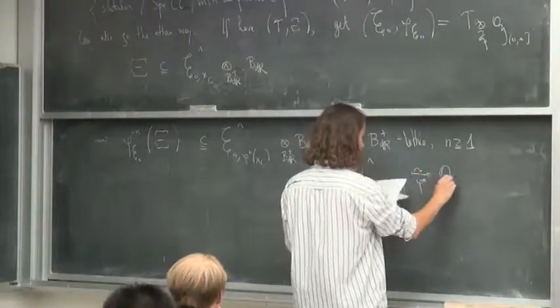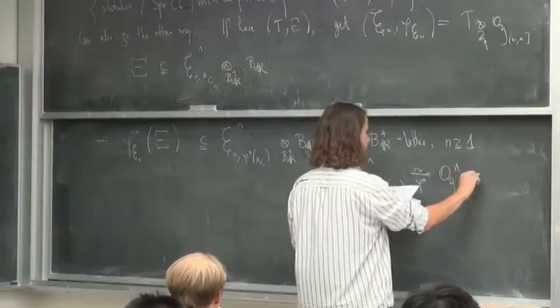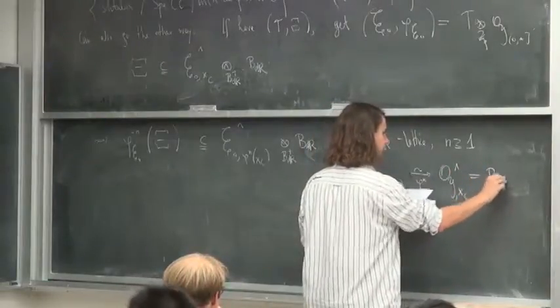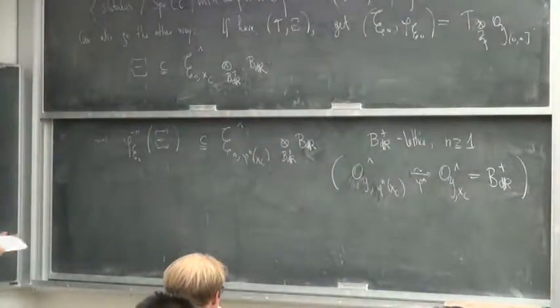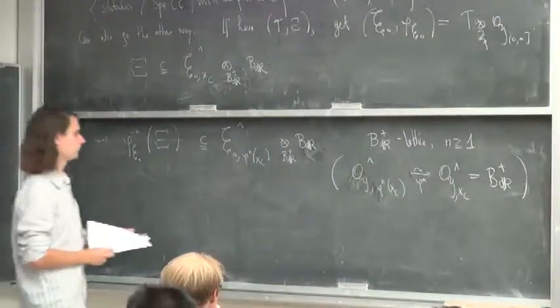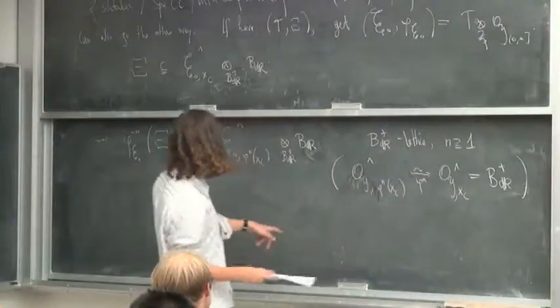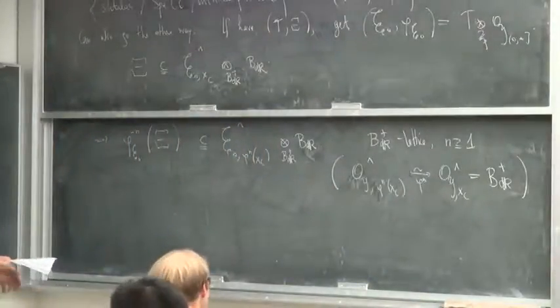That should be isomorphic to the complete local ring of Y, which is B_dR plus. So phi identifies the complete local rings at those two points, so we can still consider this as a B_dR plus module.